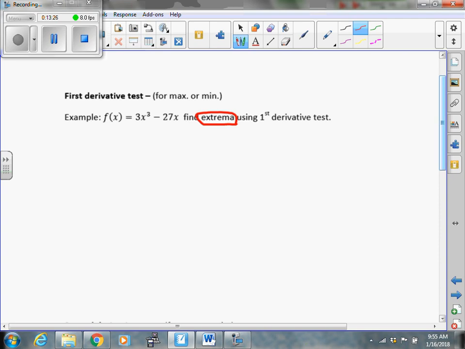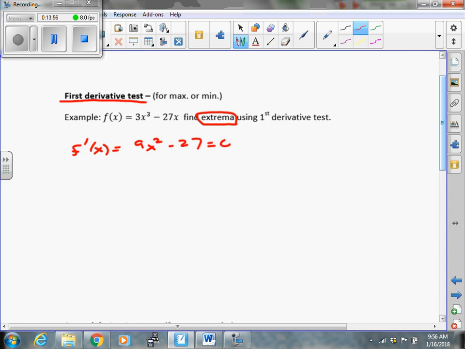Find critical points, endpoints, intervals, and then y values, if you need them. So if I wanted to find the extremes using the first derivative test, which we've always done, it's nothing new, I'm going to take the derivative, and I get 9x squared minus 27, sorry.